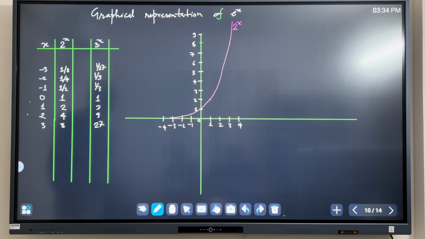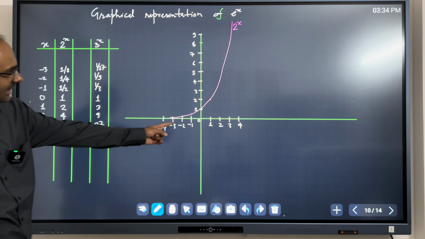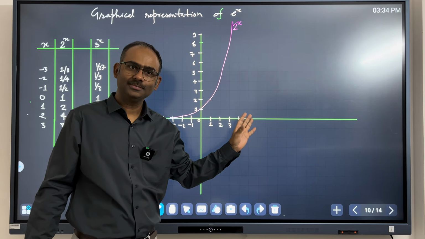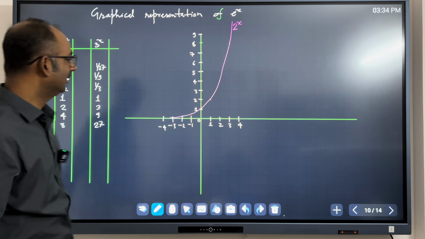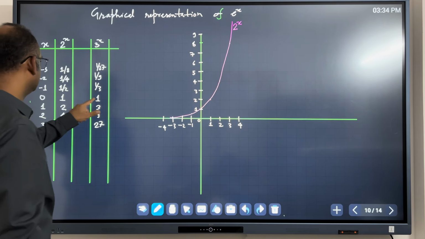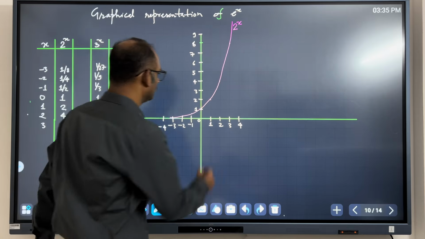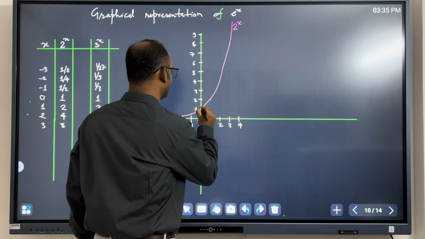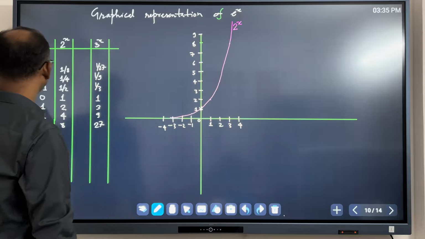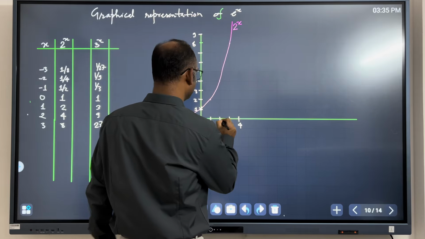Let's look at 3 power x. So as you can see, for negative values and positive values, for both of them, this is positive. So it never becomes negative. 3 power x. So for x equal to 0, it is 1. So you are here. At x equal to 1, you are at 3.